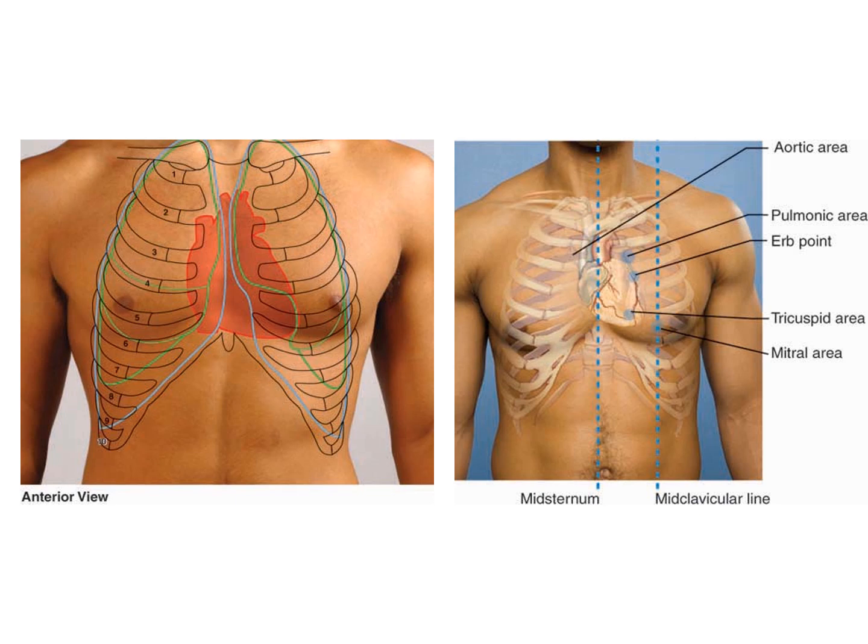So locate the sternal angle, also called the angle of Lewis, which is an important reference point for counting intercostal spaces. The second intercostal space can be found just below this landmark, and it's used to identify the aortic and pulmonic areas.